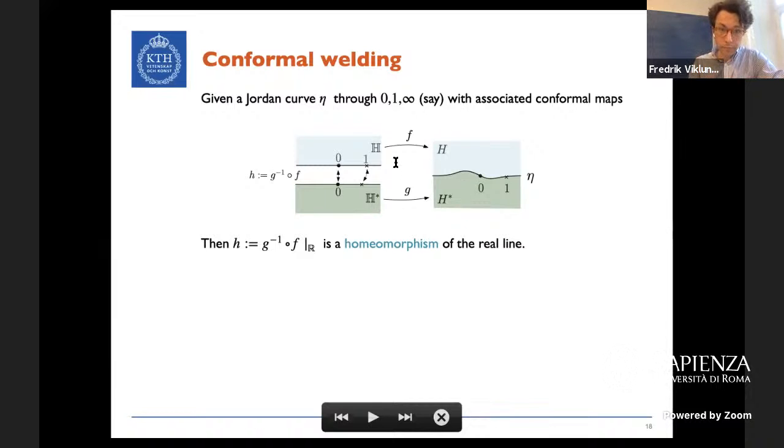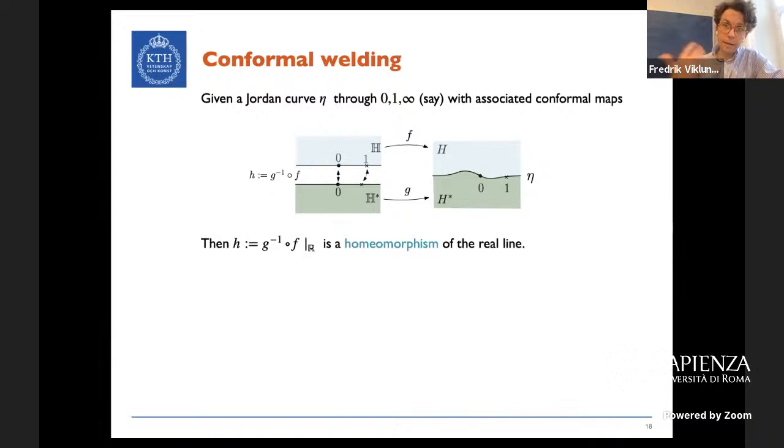Then first of all, I restrict my function to just the real line. So I take f, I go here, and then I go back with g. Both f and g extend continuously to the closure of the half plane, right? So this is well defined, and this actually defines a homeomorphism of the real line.